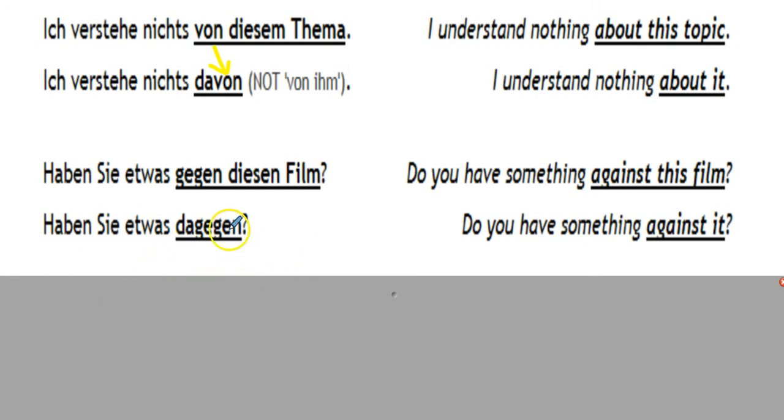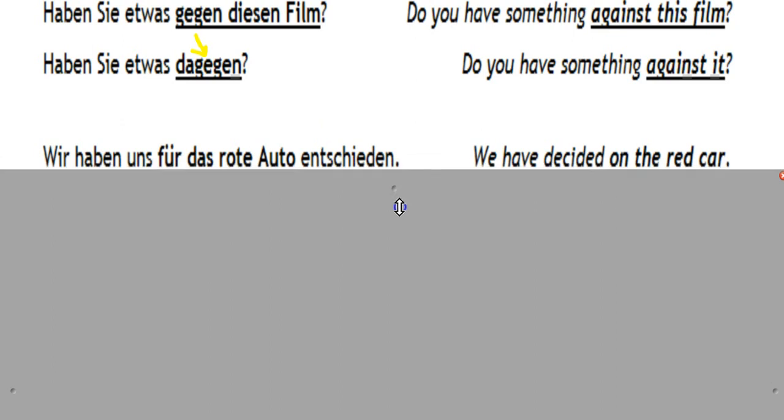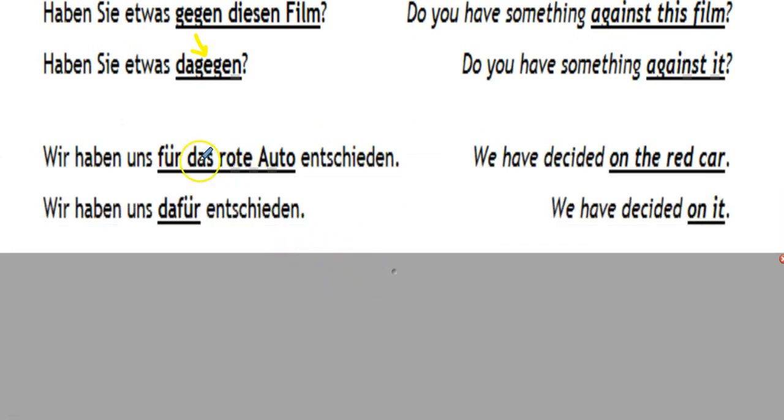Do you have something against it? So gegen and then da. Compound. Wir haben uns für das rote Auto entschieden. Wir haben uns dafür entschieden. Preposition and then the da.